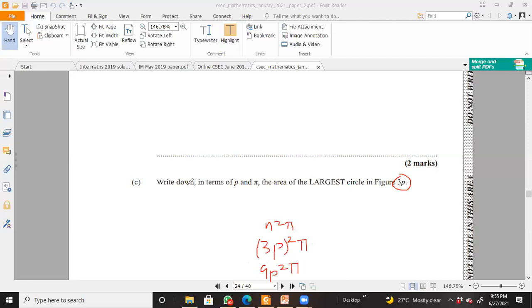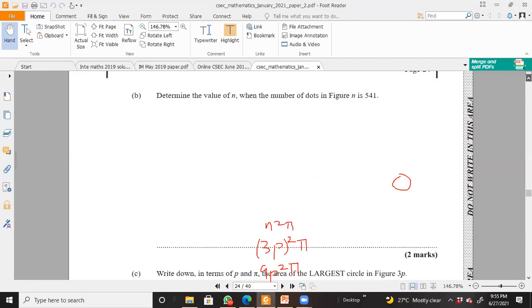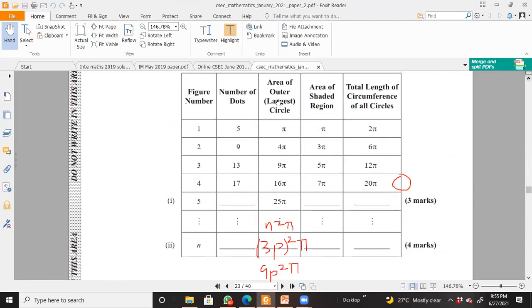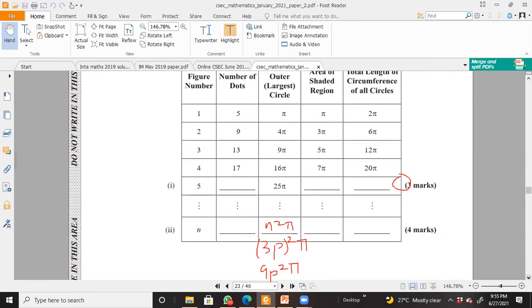They said I should write down in terms of p and pi the area of the largest circle of the figure. So all you do, you go back to your table. Look for the one talking about the largest circle, and that will fall under this column.